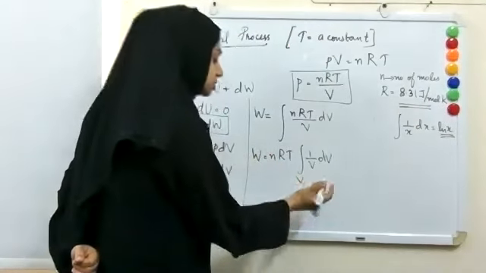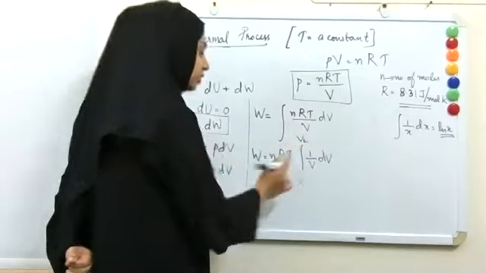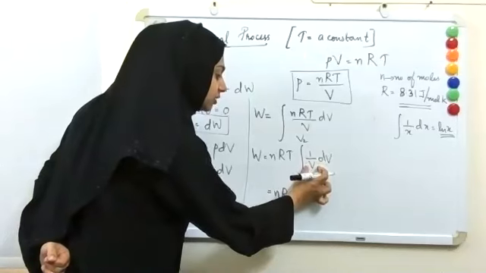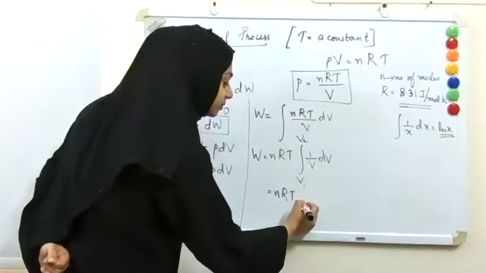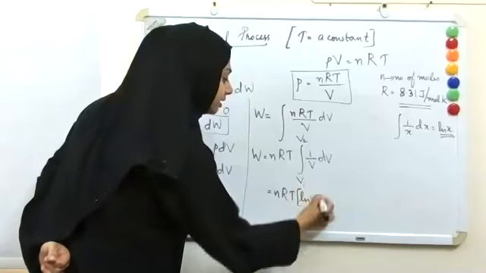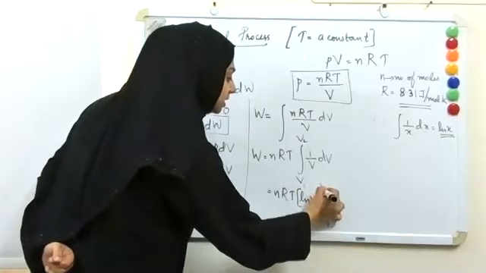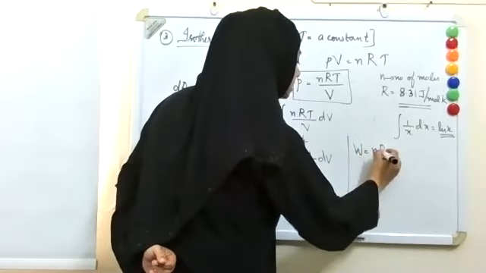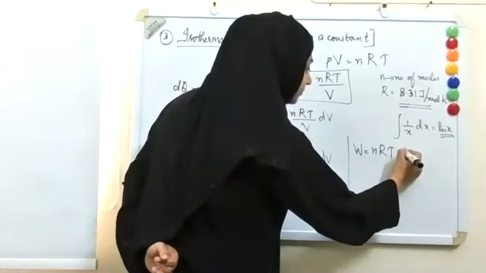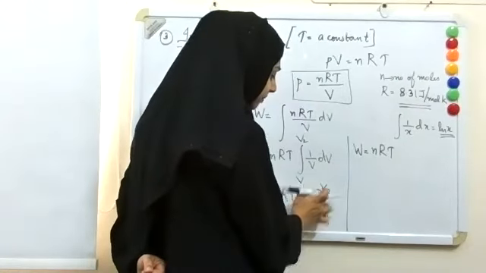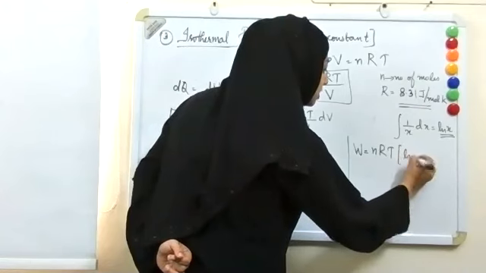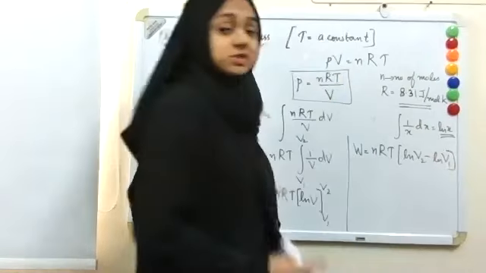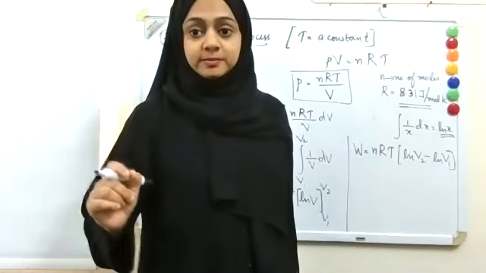We will use the same idea here. Suppose the gas is going from volume V1 to V2, then we can write this as nRT into, instead of integral 1 by V dV, log V between the limits V1 and V2. So the total work done is equal to nRT times, if I put the upper limit, log V2 minus log V1. What is log A minus log B?